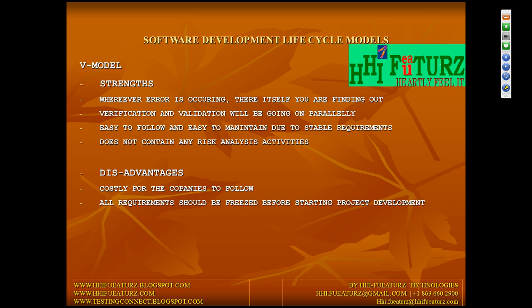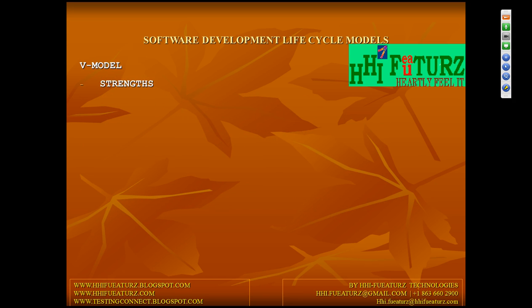So the company may have to pay salaries to a larger number of resources. That is a major drawback of your V model. And even for this model, before starting the project we should have all the requirements. So these are the drawbacks of your V model.